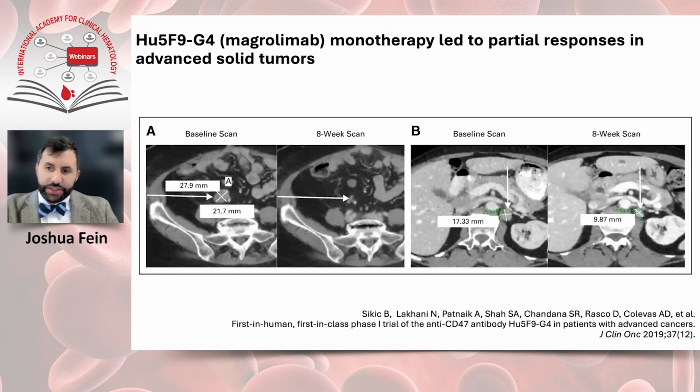So this is from the initial first-in-human study. HU5F9G4 was the initial name, G4 because it had a modified immunoglobulin IgG4 component. And so using this as a monotherapy in solid tumors and lymphomas that were relapsed or refractory, there was a dose escalation phase.